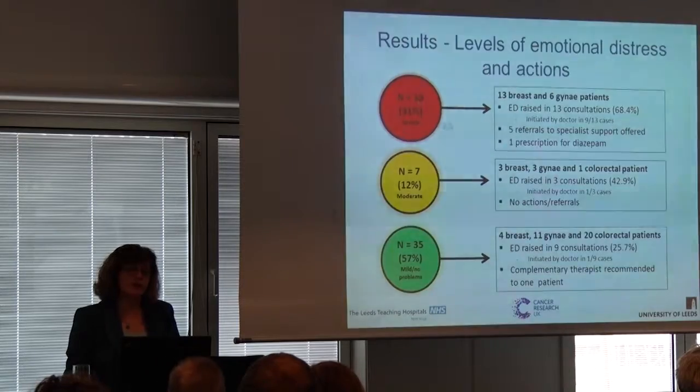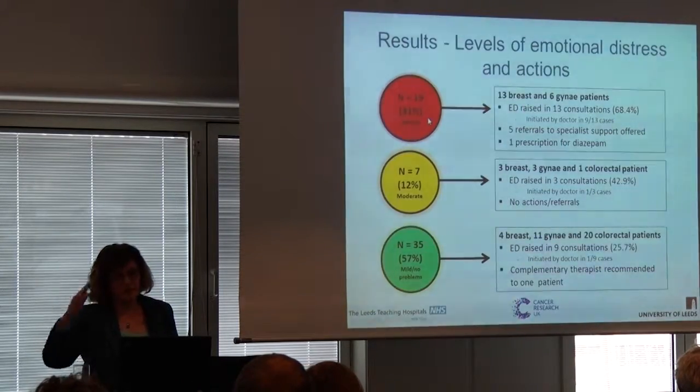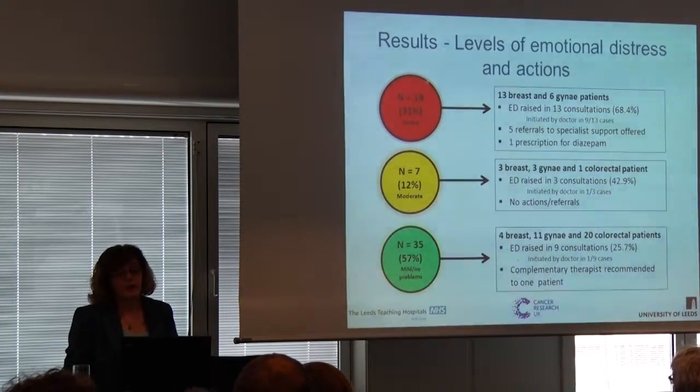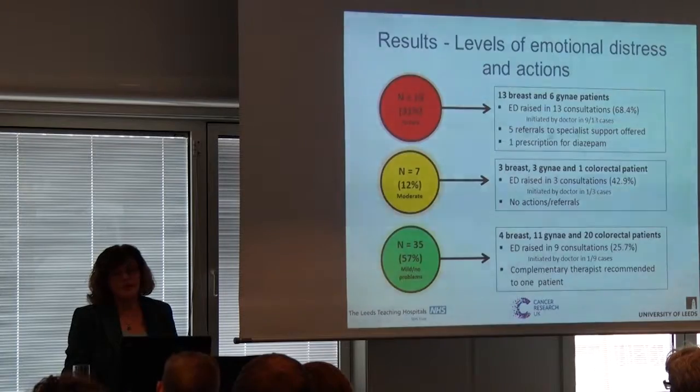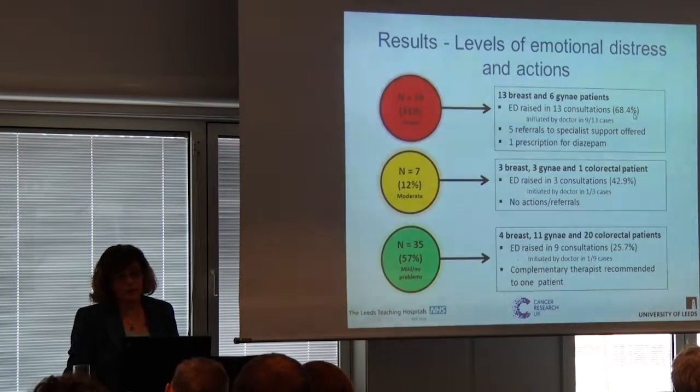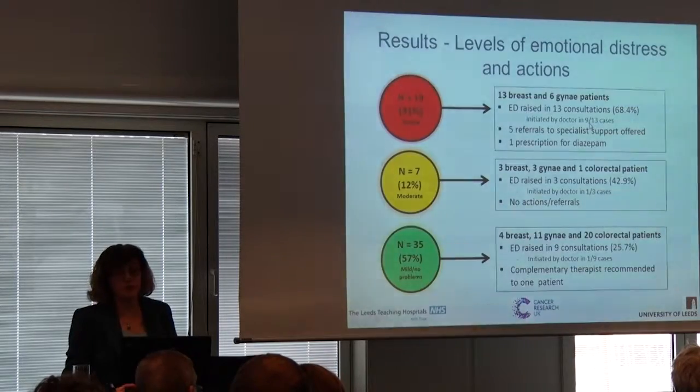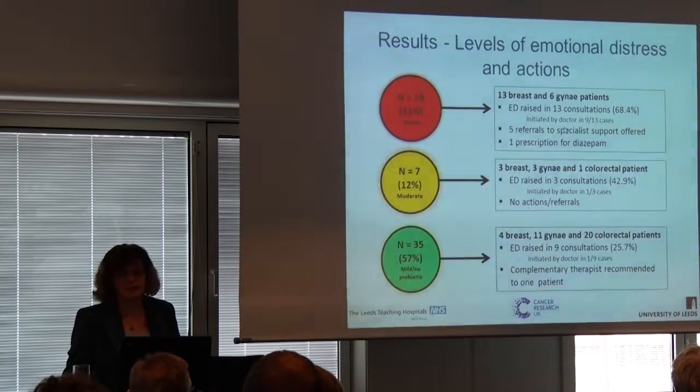So what we observed is if patients had severe emotional distress, the top quartile, and we had 19 of those patients, the emotional distress was raised in 70% of the consultations, predominantly initiated by doctors, and 5 referrals were made to the psycho-oncology department and 1 prescription of an anti-anxiety drug.